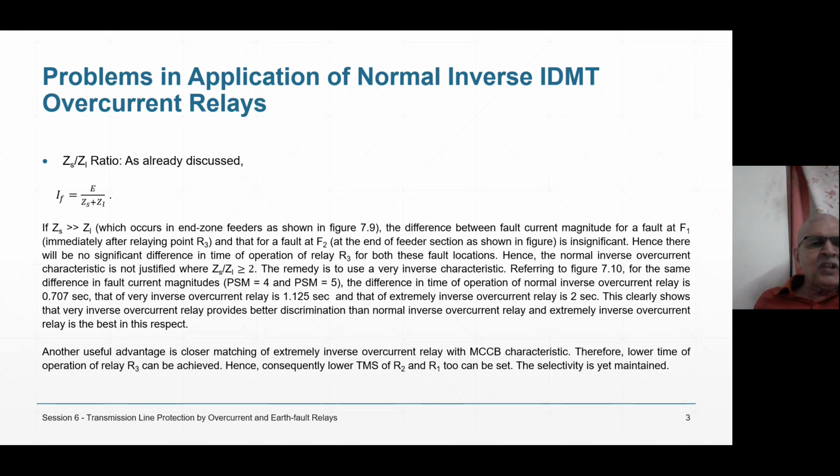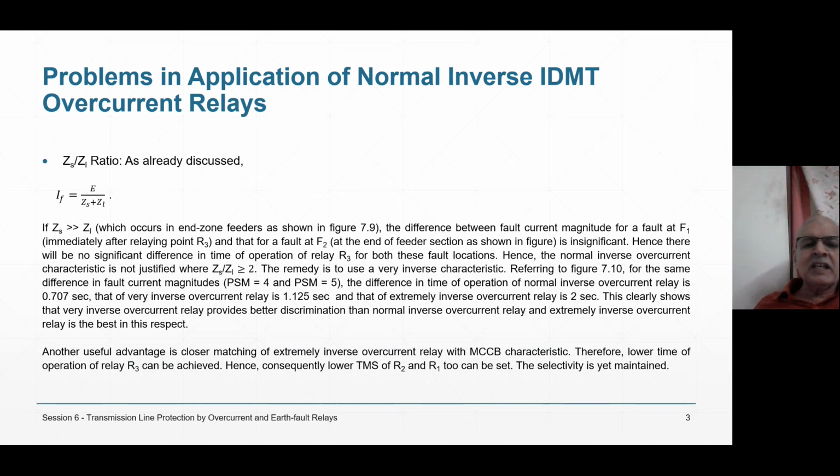If we consider the whole line that is protected, then it is relay to the end of the line. But ZS may be very large with reference to ZL in 2 cases. That is, ZS is very large, and another, ZL is very small. That is also another possibility.